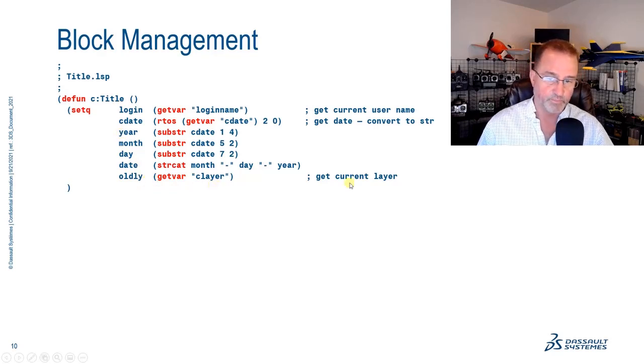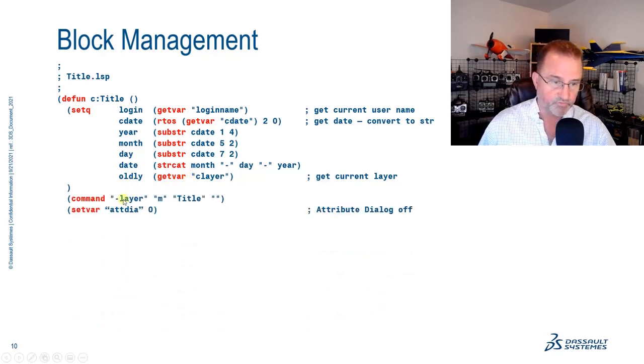This is just another example of when I do this, and you'll see at the end here we're going to restore that layer when we're done. So the first command I'm going to do after I set my variables is to create a layer called title. In this case I'm not going to specify color. By default it's probably going to come in as white, so we'll just say make layer title, and then I'm going to set a variable called attdia to off.